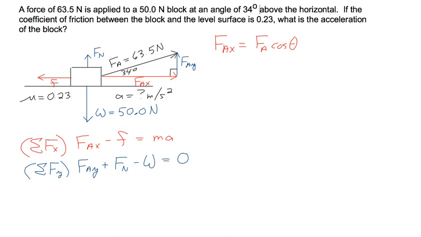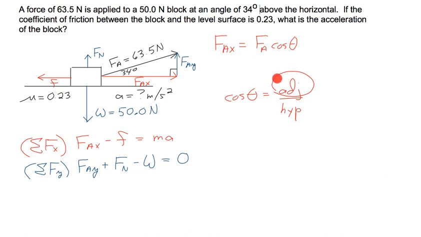Now, don't write down what I'm going to put down next. I'm just going to do it to explain where that comes from, and then I'm going to erase it. But remember, the cosine of theta is equal to the adjacent over the hypotenuse. So I want to get what the adjacent is. The adjacent in my problem is this.